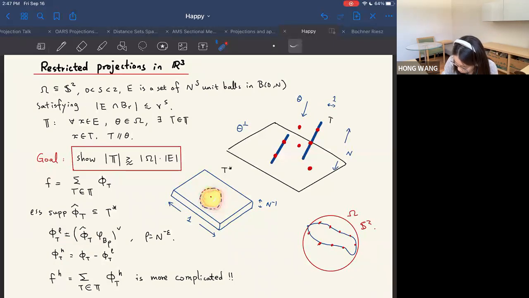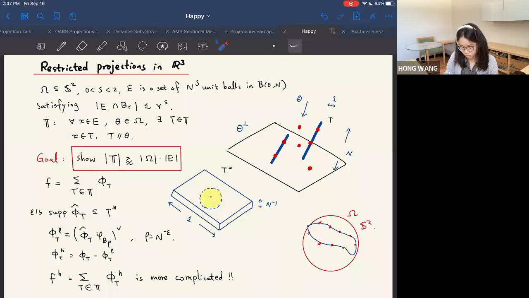I'm using this yellow part to denote the low frequency part. And if this dominates, then we can use the same method as before. But here, the high frequency part is way more complicated. The reason why we can prove this theorem is just because omega is like a curve.